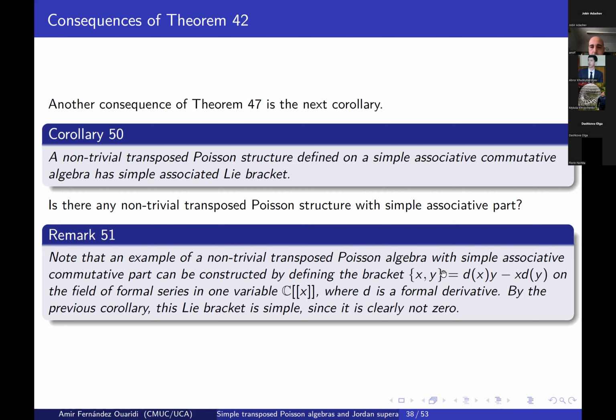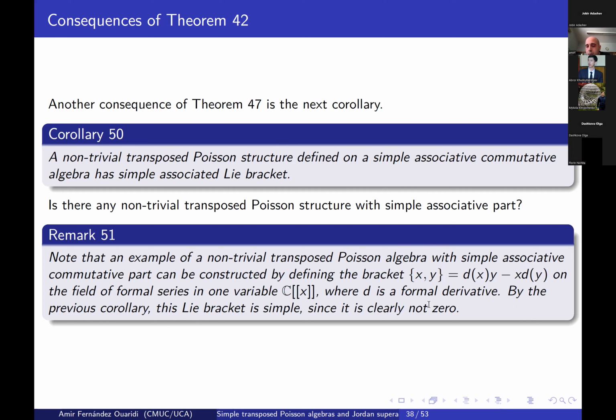We take as the associative commutative part the field of formal series in one variable and some formal derivation in there, and then define the bracket to be of this form that we already know. If we take the bracket in this form, it will be a transposed Poisson algebra. And now by the previous corollary, this Lie bracket will be simple since it is clearly not zero. Okay.